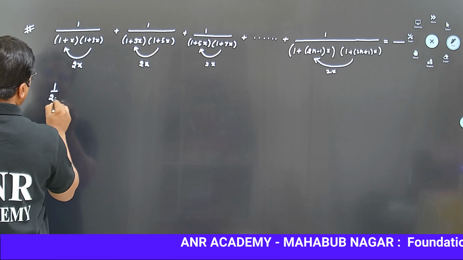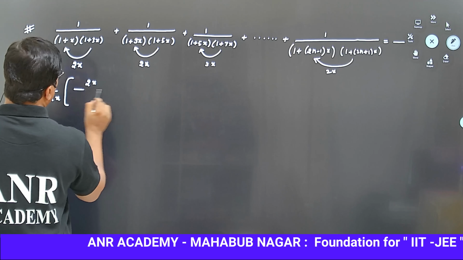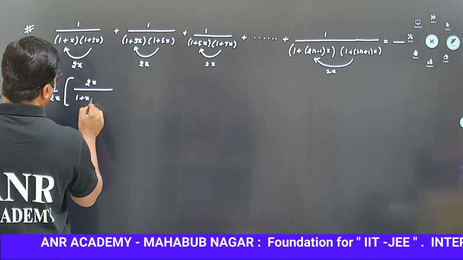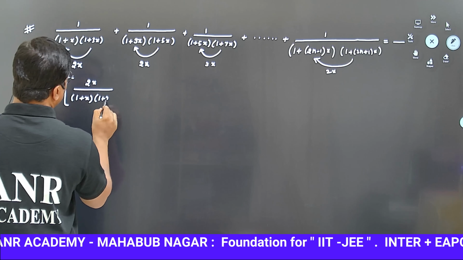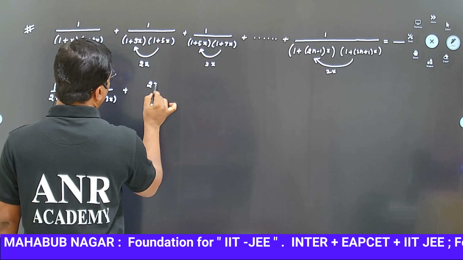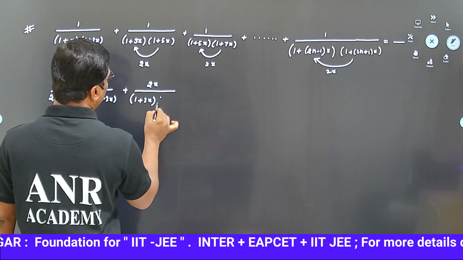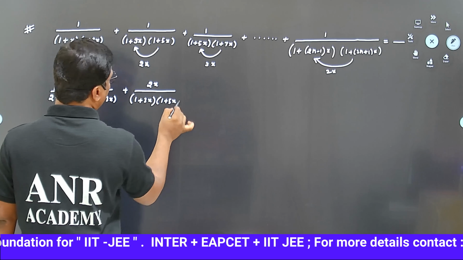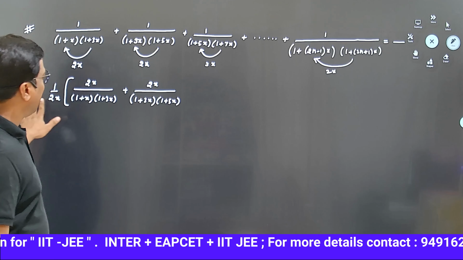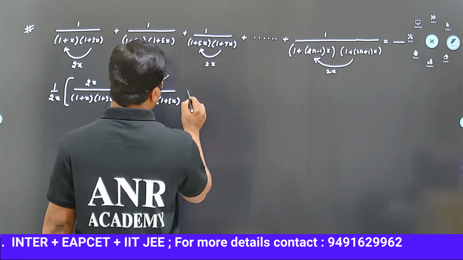1 by 2x, and then here 2x multiplied by 1 plus x of 1 plus 3x. Next, here it is also 2x divided by 1 plus 3x multiplied by 1 plus 5x. Just multiplied and divided by 2x in each and every term.